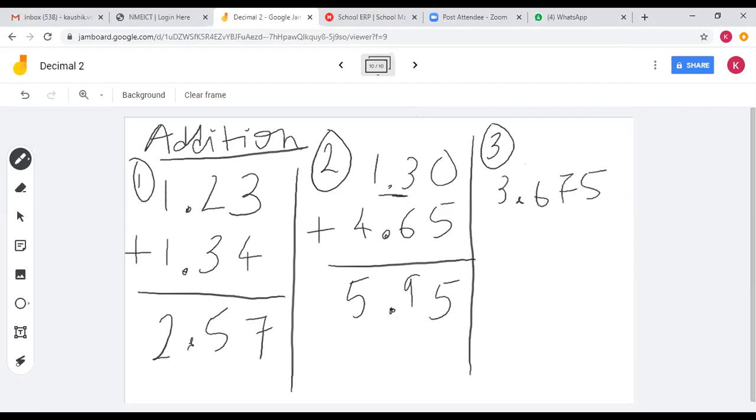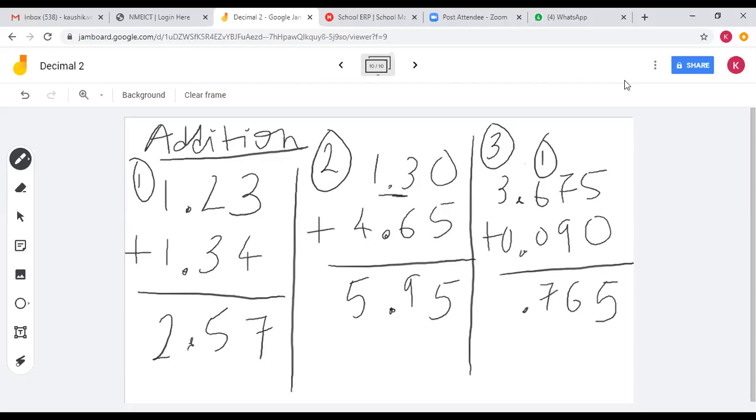3.678 plus 0.09. So what do we do? We have to put 0 here. 5 plus 0 is 5. 9 plus 7 is 6, 1 carried over. 6 plus 1, 7. And 3 plus 0 is 3. Okay?